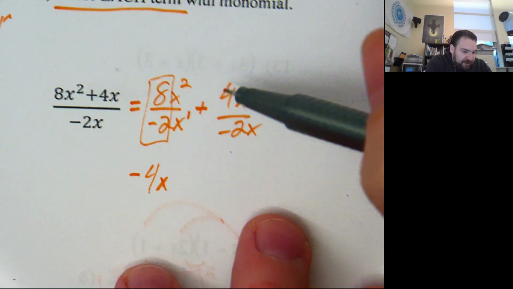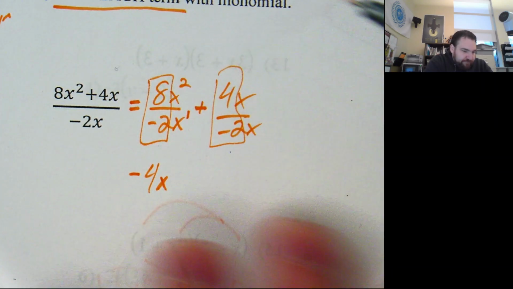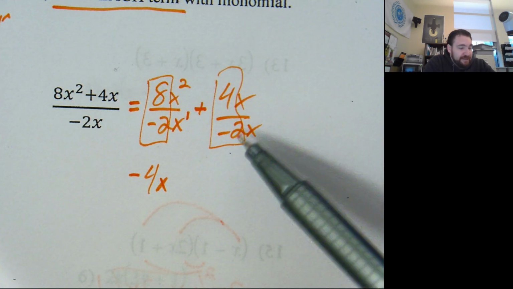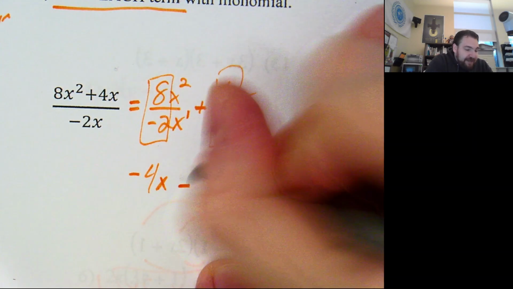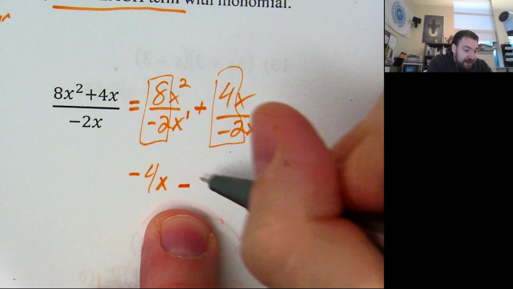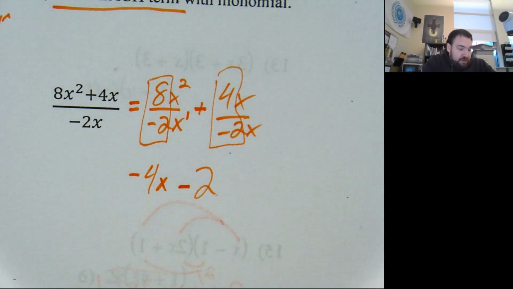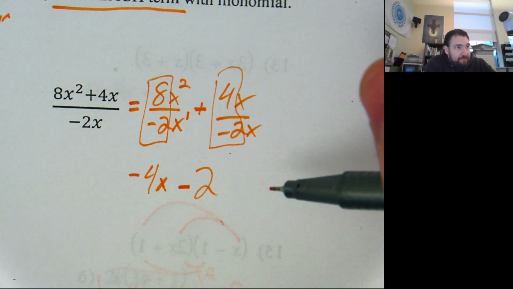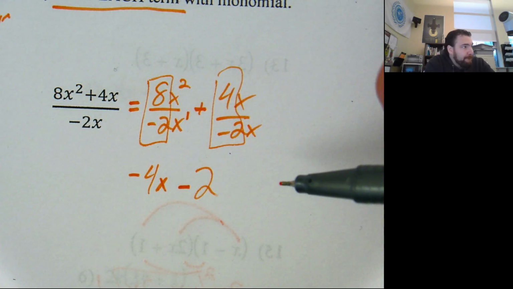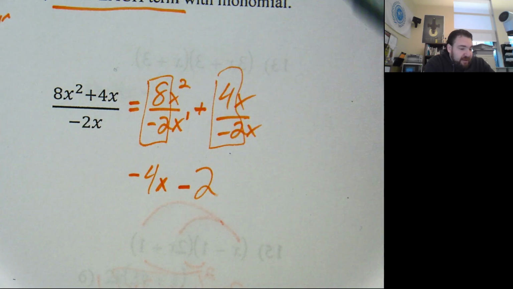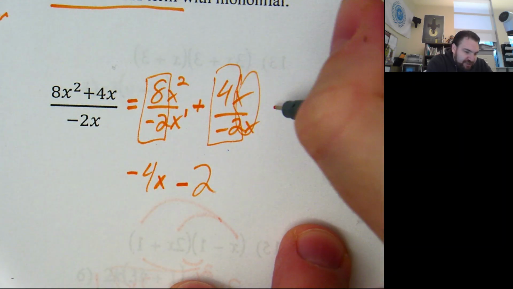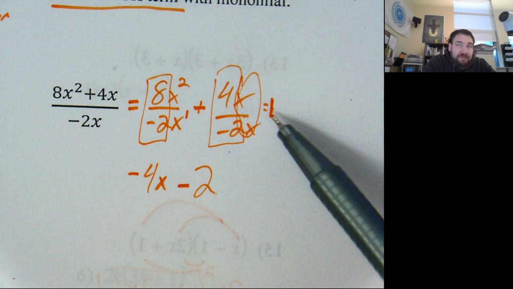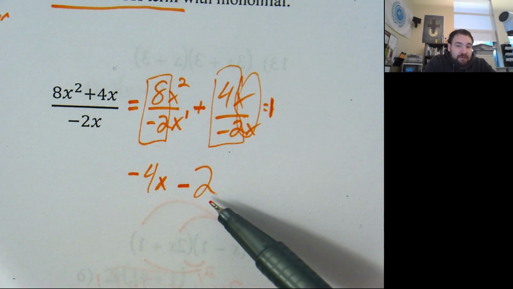And then this piece here, 4 divided by -2 is -2. So that negative becomes the sign in between, so it's going to be subtraction. So it's going to become -4x minus 2, and then x divided by x is 1. So this piece here is just 1. So it's going to be -2 times 1, which is just -2.